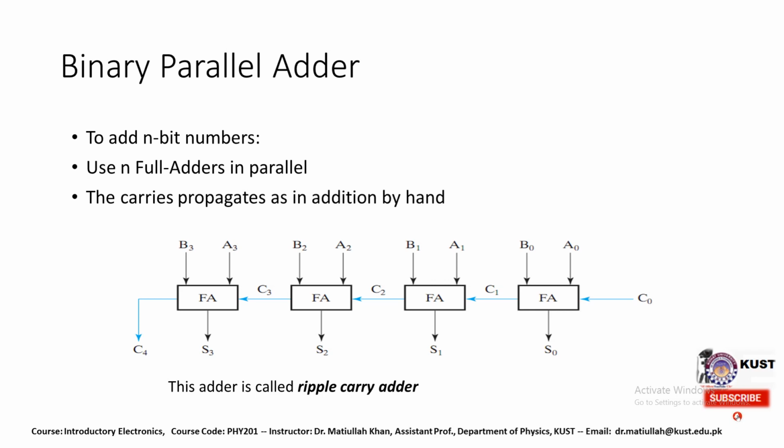So the carries propagate as in addition by hand. This is the simple case which we can consider a type of binary parallel adder, which is also called a ripple carry adder. These are the outputs obtained for all these combinations of inputs.